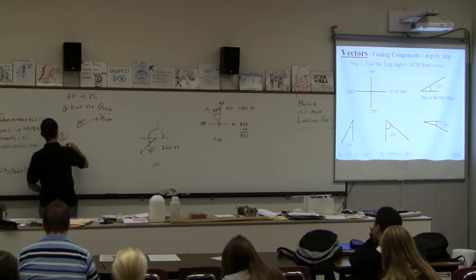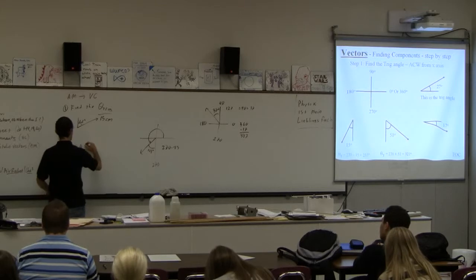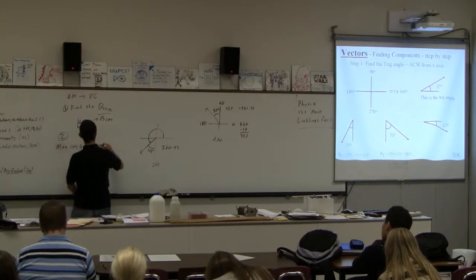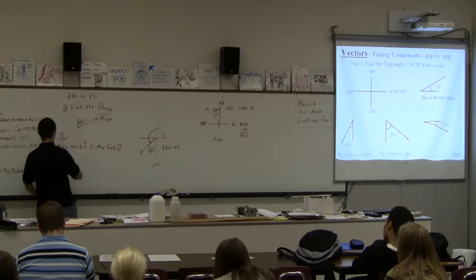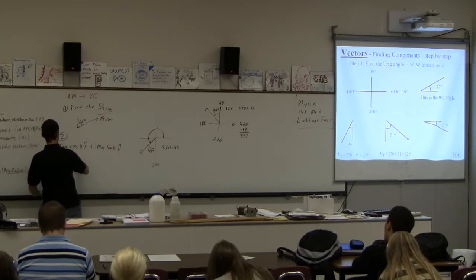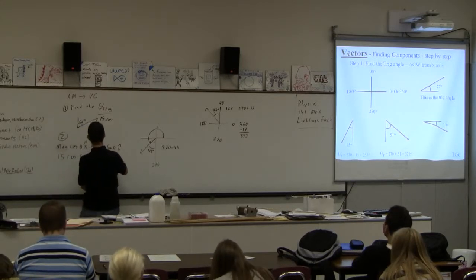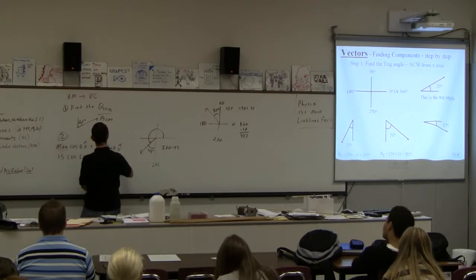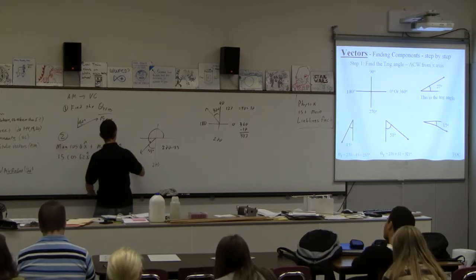Let's say magnitude cos theta in the x direction plus magnitude sine theta in the y direction. So in this case it looks like this: 15 cos 62 plus 15 sine 62. This is in the x direction, and that's in the y direction.